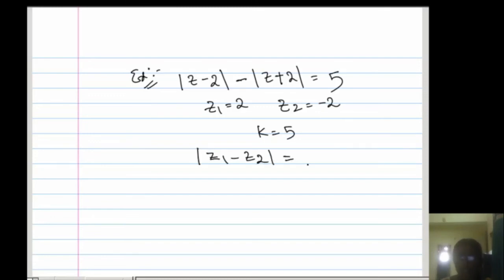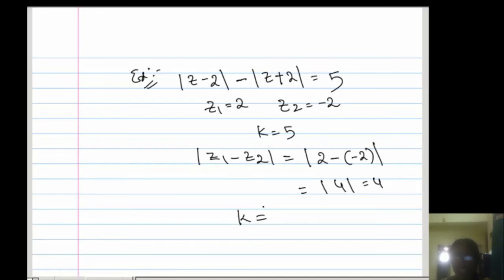Z1 is 2 and Z2 is minus 2, so 2 plus 2 is 4. Under root 4 square is again 4, since under root x square gives x. So mod Z1 minus Z2 is 4, and here K is 5. So what do I observe here?